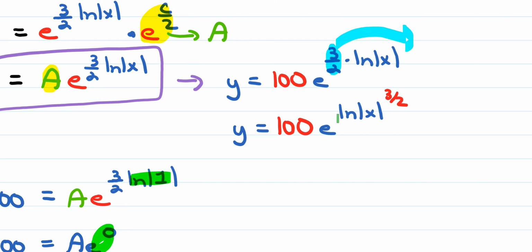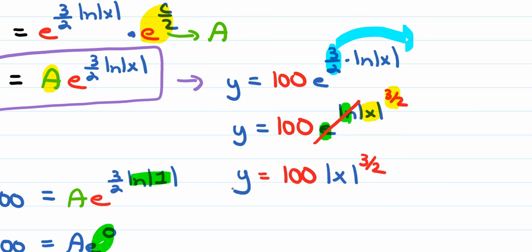And then I know that this e and that ln just cancel off, and then you're left with 100. And this part right here, the absolute value of x to the power of 3 over 2, just comes down as one of the exponential e to the x ln x properties, logarithmic properties. Okay, so that's your final answer there, 100 times the absolute value of x to the power of 3 over 2.